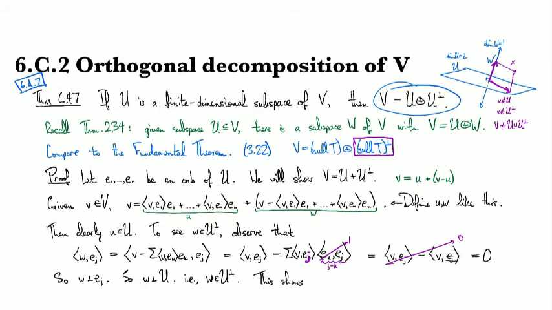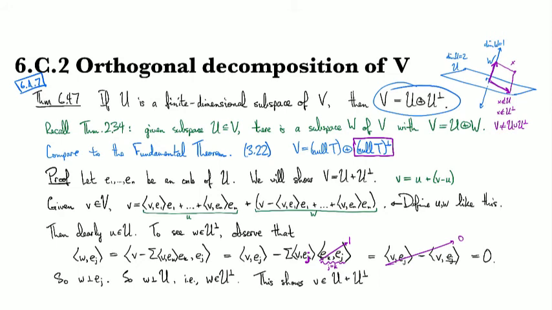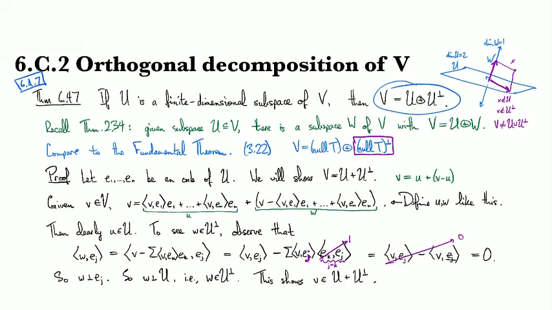So this shows the first part, namely that V can be written as a sum of something in U plus something in U perp. The uniqueness part we have to verify yet, but that we actually just did in the last clip.